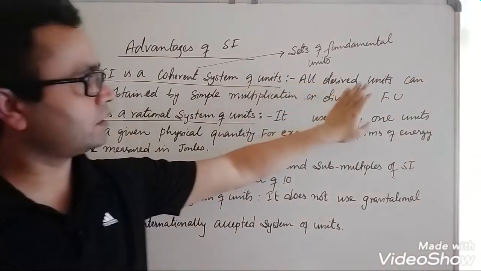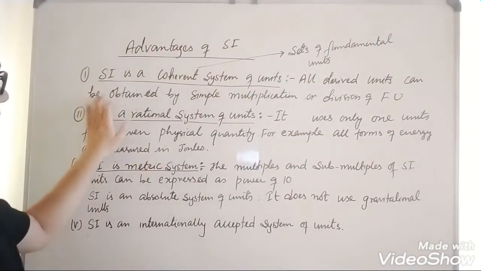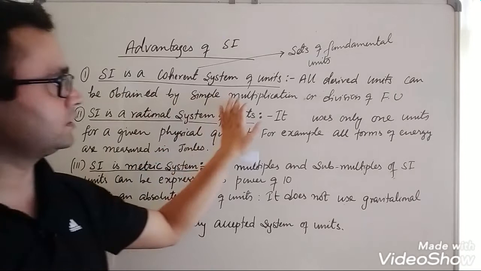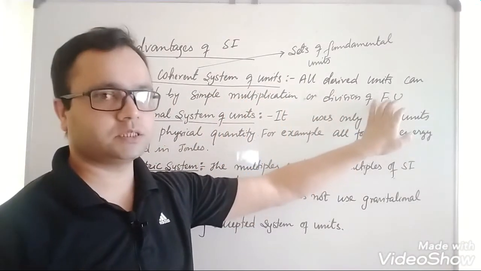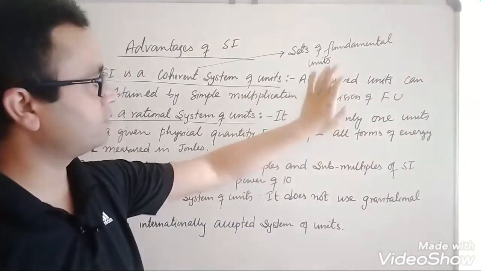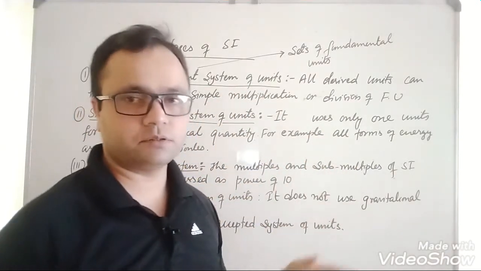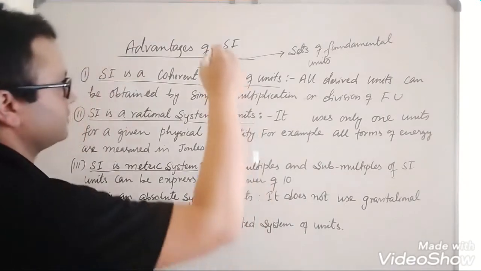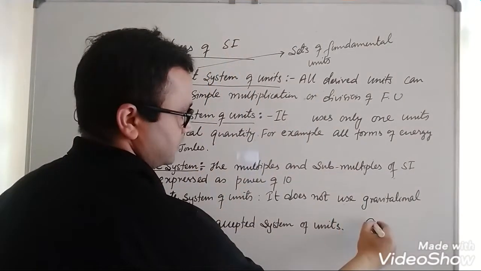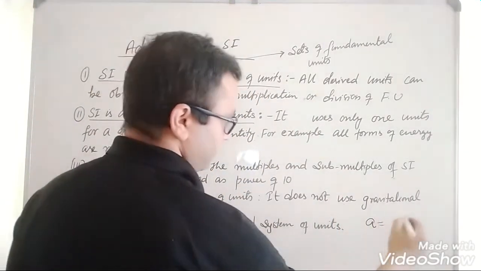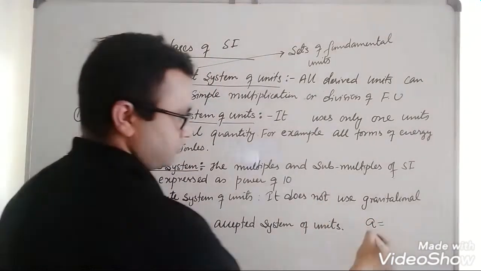All the derived units can be obtained by simple multiplication or division of fundamental units. For example, acceleration. The definition of acceleration is change in velocity with respect to time.